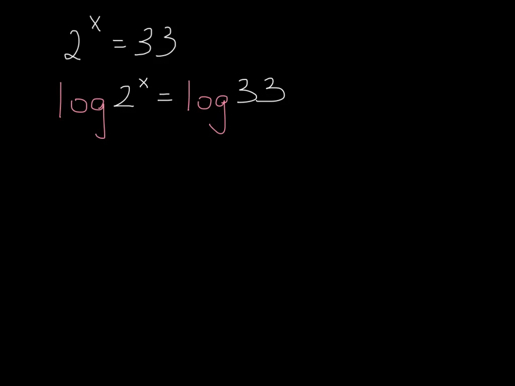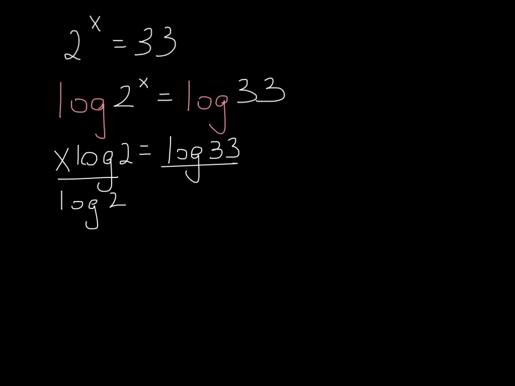Now, we learned of a property that said that if we've got an exponent, we can make it a coefficient. So we're going to bring this x over in front here, so that we have x log of 2 equals log of 33. So to solve for x, we just divide both sides by log of 2.